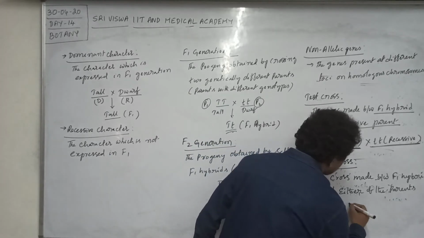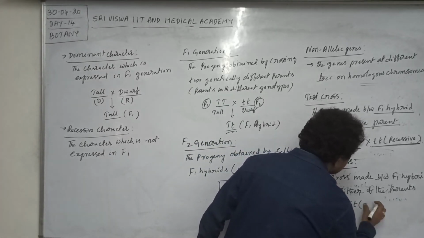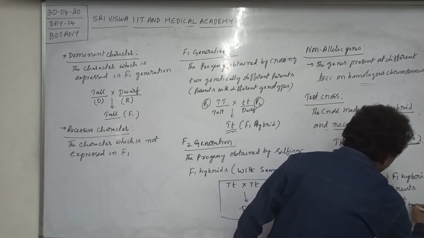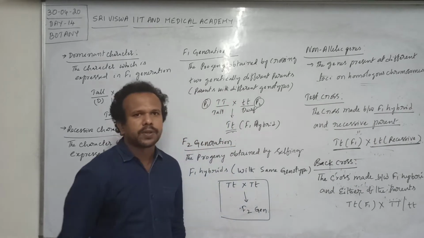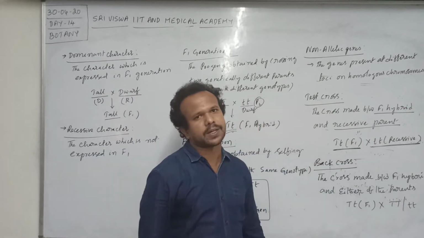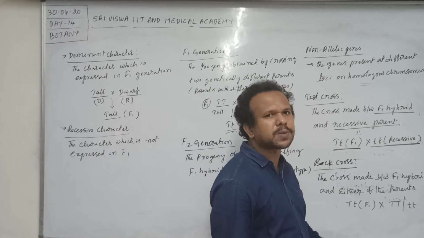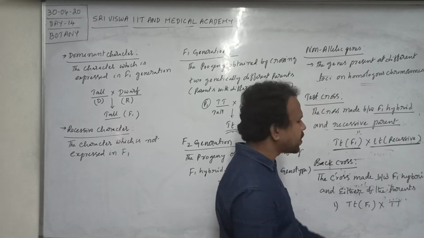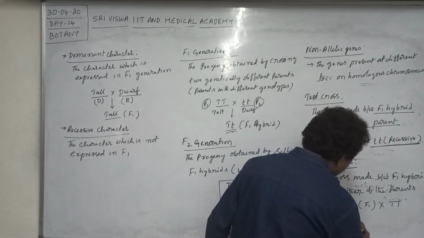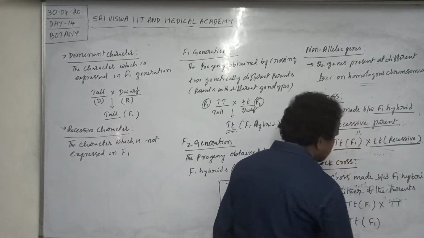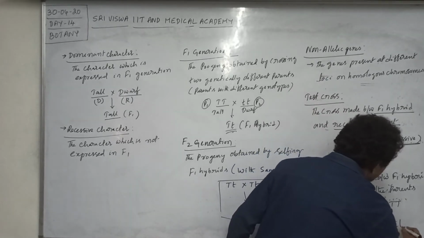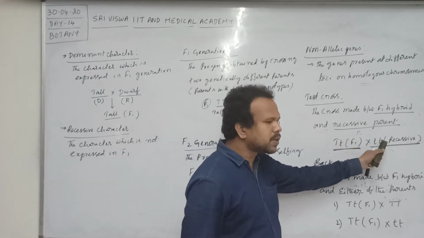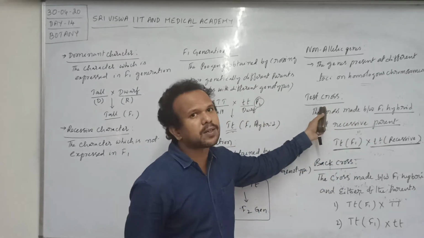For example, say capital T small t is the F1 and it is crossed with capital T or small t, with dominant parent or recessive parent. Either case is considered as back cross. This is one example for back cross. The second possible back cross is when this F1 is crossed with small t. However, whenever this F1 is crossed with only recessive parent, that is said to be test cross.